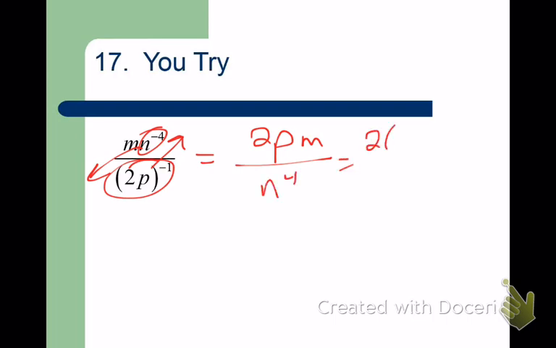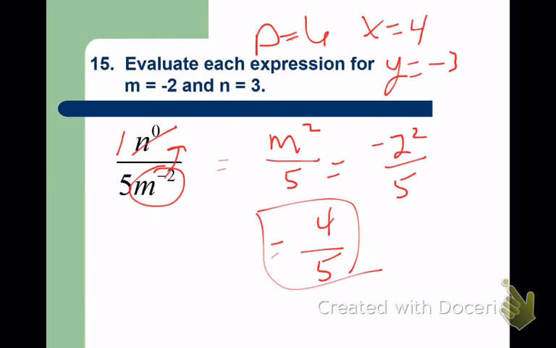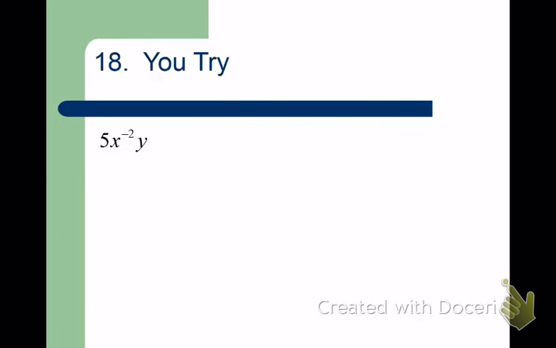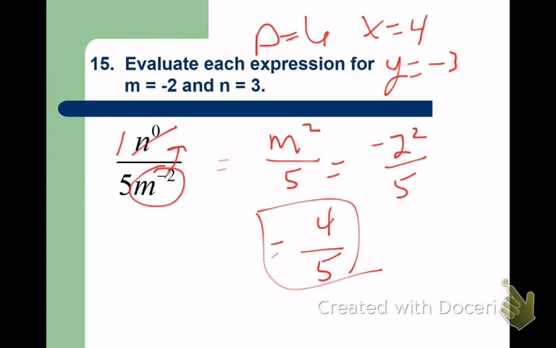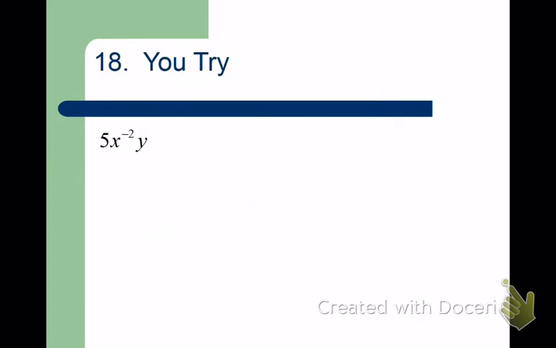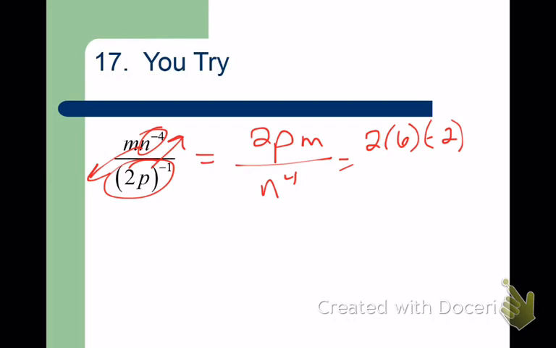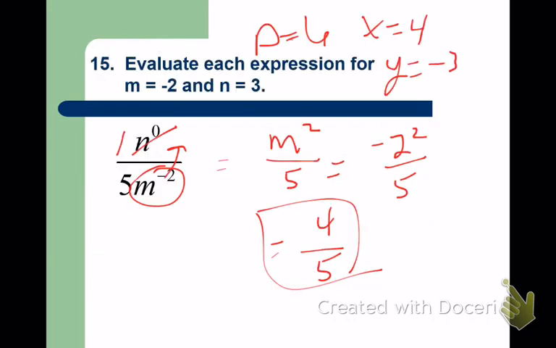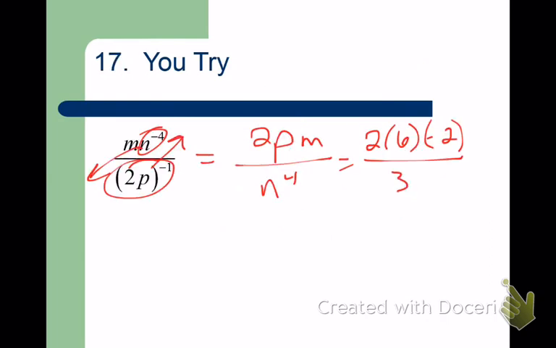And so now we go 2 times 6 times negative 2, I believe. I'm going to go back and check. Yes, negative 2. Over, well, shoot, n is 3, so 3 to the fourth. 2 times 6 is 12, times negative 2 is negative 24. 3 to the fourth is 81.